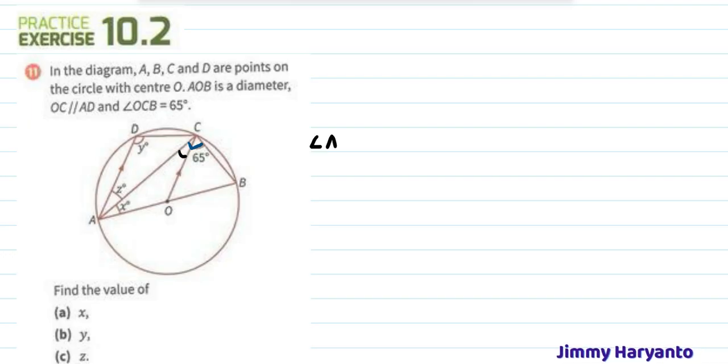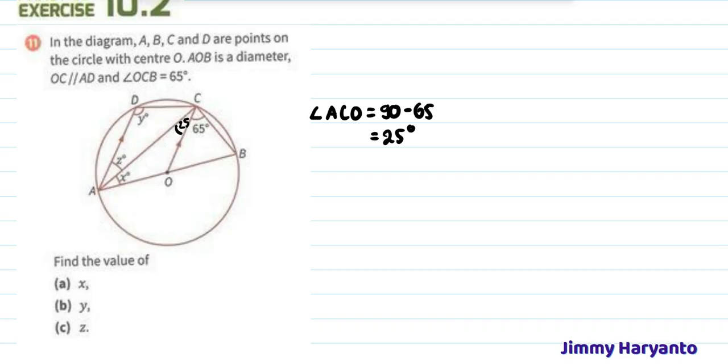The angle of ACO equals 90 degrees minus 65 equals 25 degrees. So this one is 25 degrees. Then x will be 25 also, since this one is radius, same length, that means same angle, so we already know x equals 25.